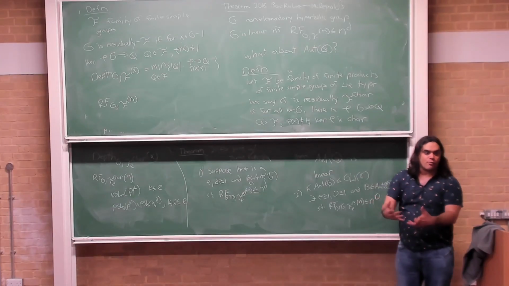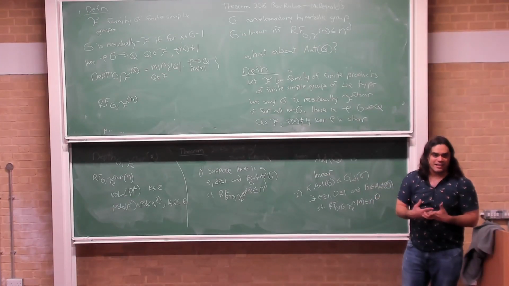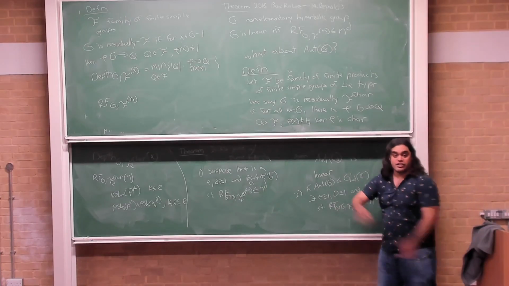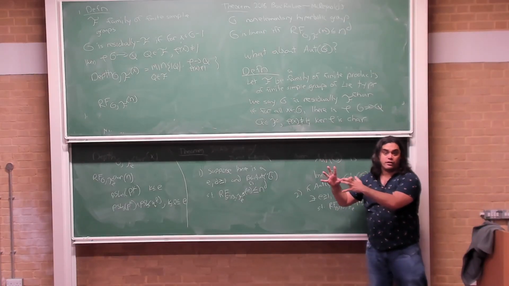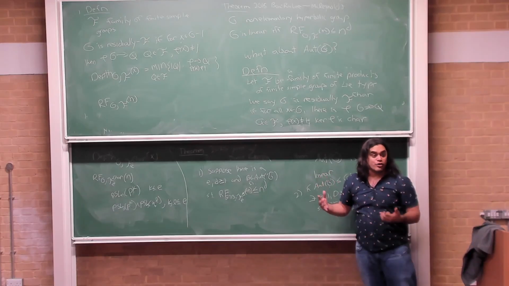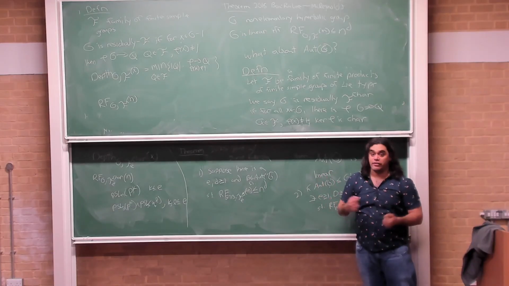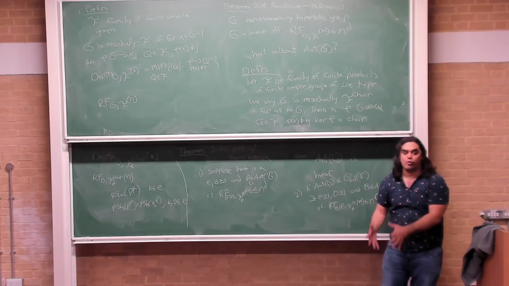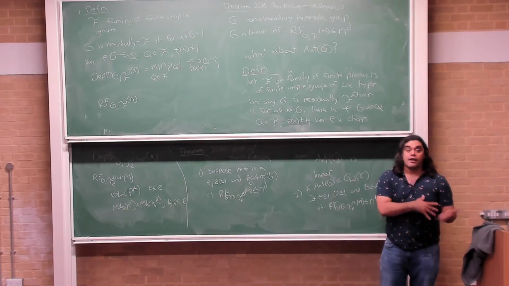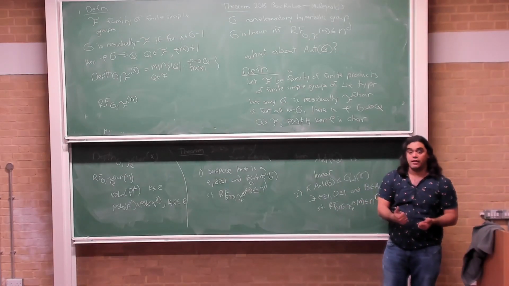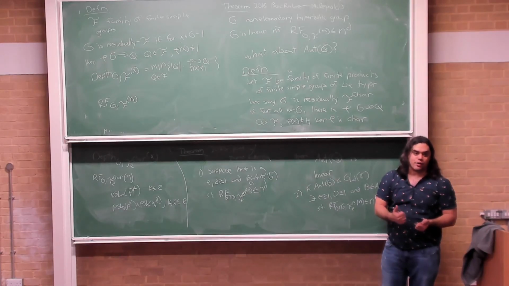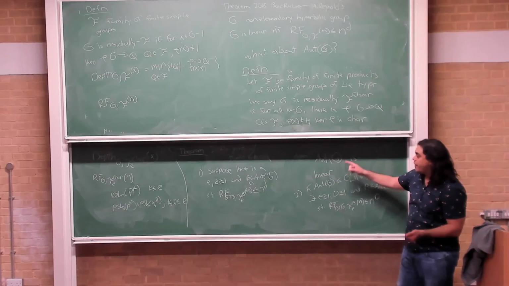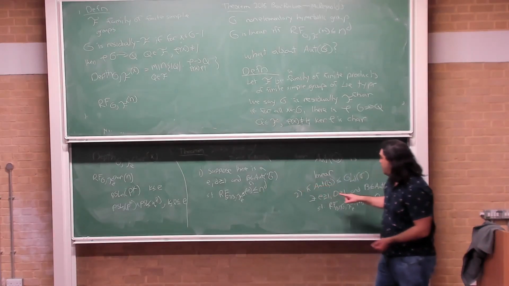Strong approximation only works when you have a connected, simply connected linear algebraic group. But given a representation, so you throw your group into GL_D(C), the Zariski closure may not be connected. It may not be simply connected. But if you pass to a finite index subgroup, it will be Zariski dense in some connected, simply connected, semi-simple linear algebraic group. So that's why you have to pass to a finite index subgroup here.